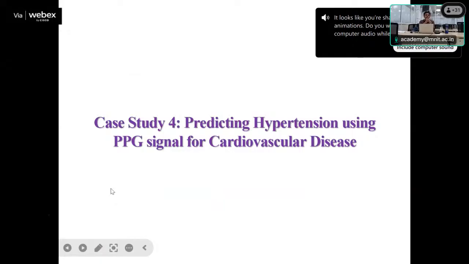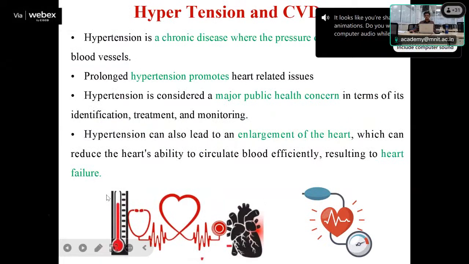But PPG works on optical measurement. Through the PPG signal, you can easily identify the footprint of a volumetric change in your blood, and through this change we can correlate whether a person has a CVD problem or not. So hypertension and CVD have a close relation.